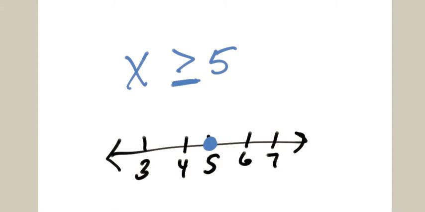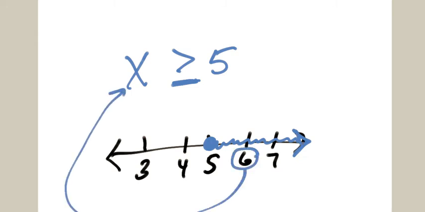Not only is x going to be greater than 5, it can also be equal to 5. And again, I can follow my arrow because the variable came first, so I can go in this direction. Think about it: if I plug in 6, would that make sense? Yes. You could actually plug in 5 and it would make sense.